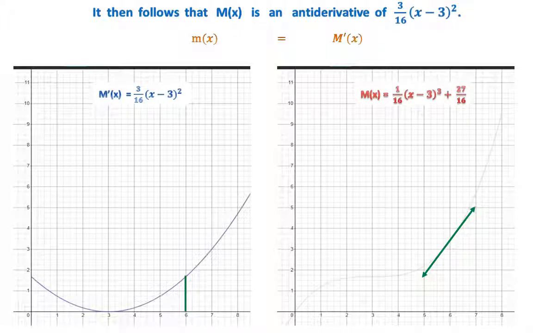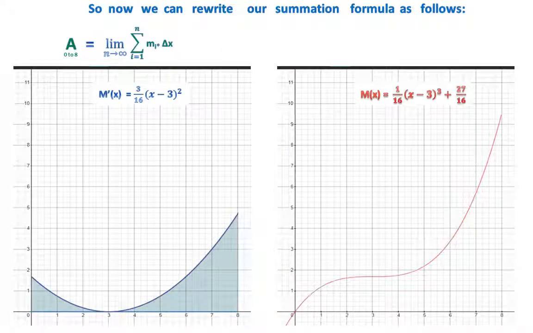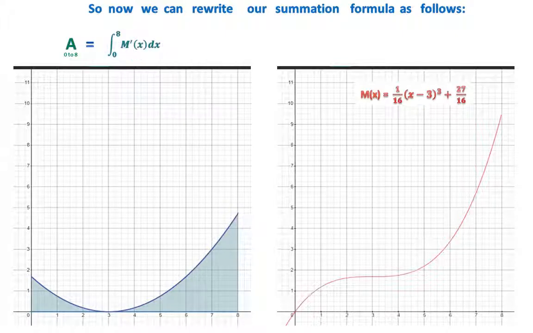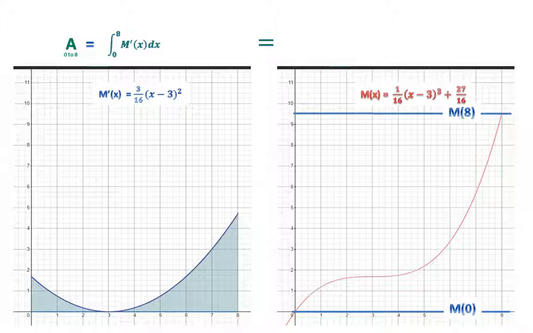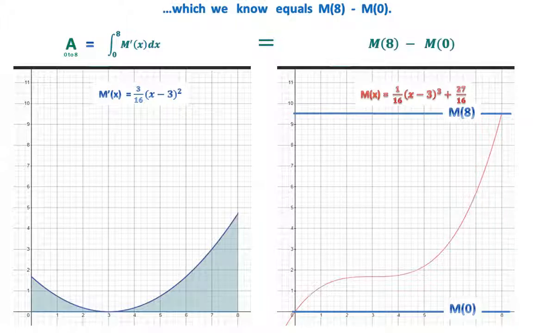It then follows that capital M of x is an antiderivative of 3/16 times x minus 3 squared. So now we can rewrite our summation formula as follows. The area from 0 to 8 is equal to the integral from 0 to 8 of m prime of x dx, which we know equals capital M of 8 minus capital M of 0.